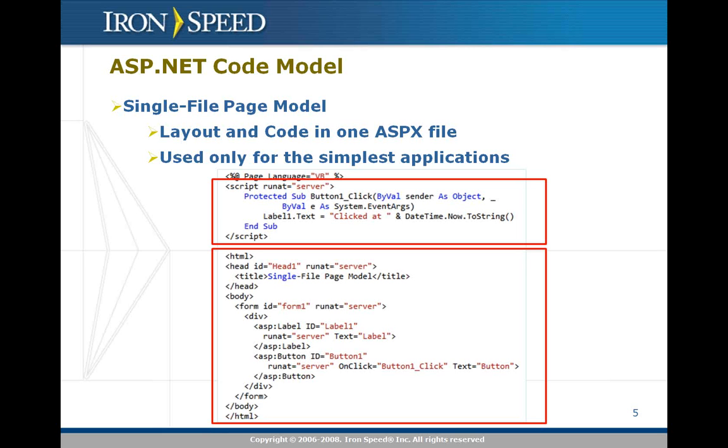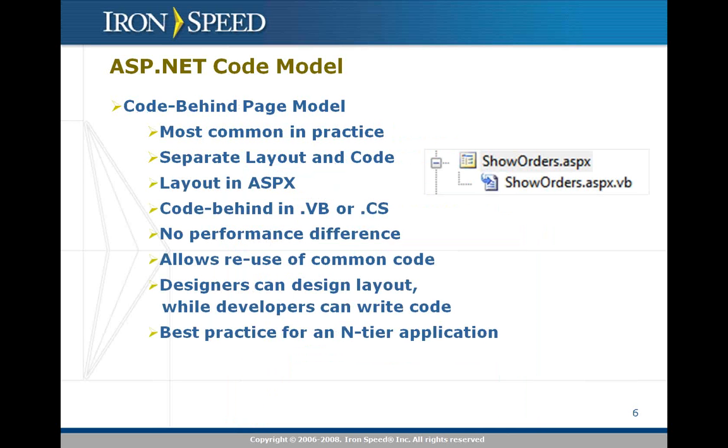Now, this is primarily used for the simplest of applications, so obviously we don't want to spend a whole lot of time over here. Let's go to the next step, which is a pair of files that make up a page to display .NET pages on the web. This is called the code behind page model.